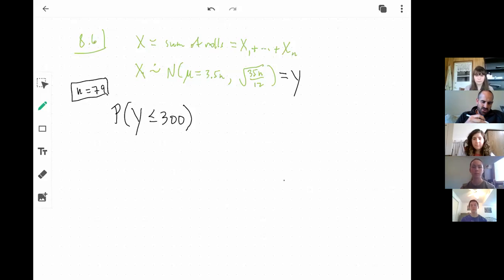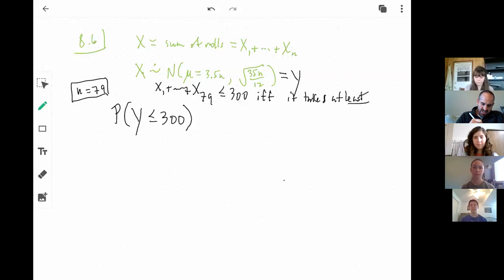So x1 plus dot dot dot plus x79 is less than or equal to 300 if and only if it takes at least 80 rolls to get X greater than 300, right?